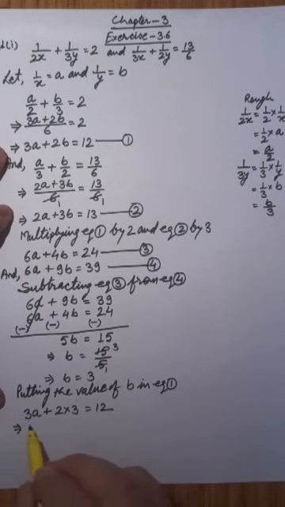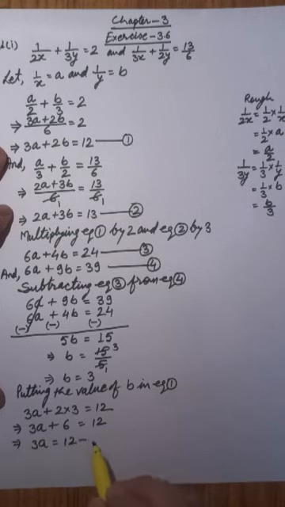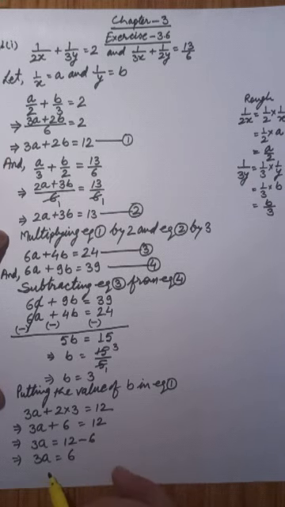So 3a plus 6 is equal to 12. Then 3a is equal to 12 minus 6, and 3a is equal to 6. Now a is equal to 6 upon 3, which gets cancelled, and we get a is equal to 2.